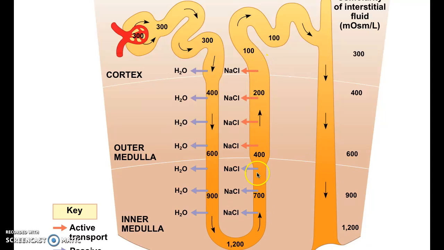In the ascending loop of Henle, as you can notice, sodium chloride is to a certain extent passively pumped out. It's passively pumped out because there's more sodium chloride here versus there, so the ions just move outwards, and then as it goes along the tubule into the distal tubule, it has to be actively pumped out. Sodium chloride, again, these are conditional.